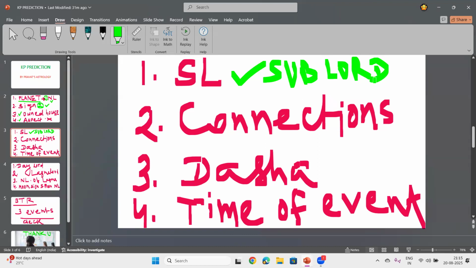The first 13 degree 20 minutes will always be owned by Ketu. So एरीज का पहला 13 डिग्री 20 मिनट, लियो का पहला 13 डिग्री 20 मिनट, सैजिटेरियस का पहला 13 डिग्री 20 मिनट. Who is the lord? Ketu.